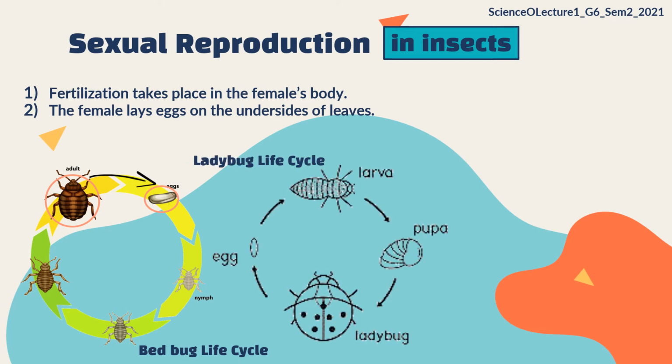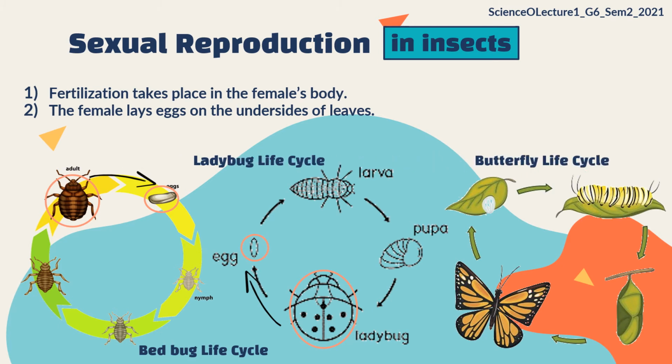What about the ladybug? Here is the adult ladybug. It also lays eggs. The butterfly. Adult butterflies lay eggs. Bedbug, ladybug, butterfly are examples of insects.